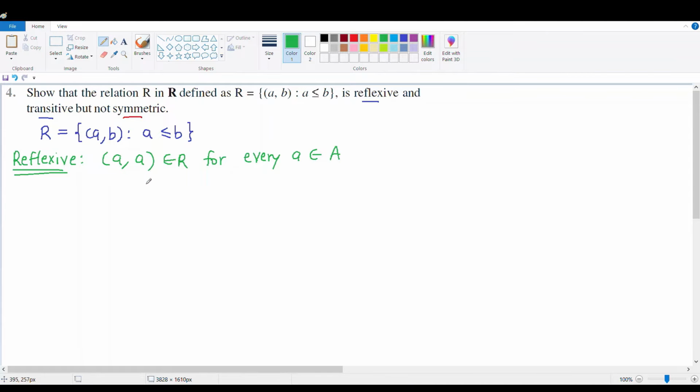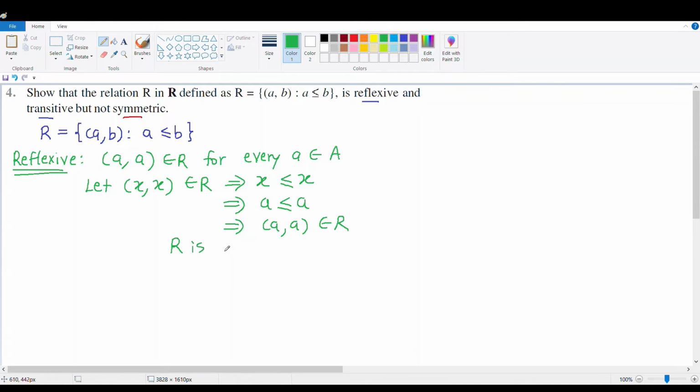Of course, right? Why? Because let (x, x) belong to R, and from this condition x is less than or equal to x. Yes, that is true. x is equal to x, right? So that means a is less than or equal to a, and that means (a, a) belongs to R, and that means R is reflexive.